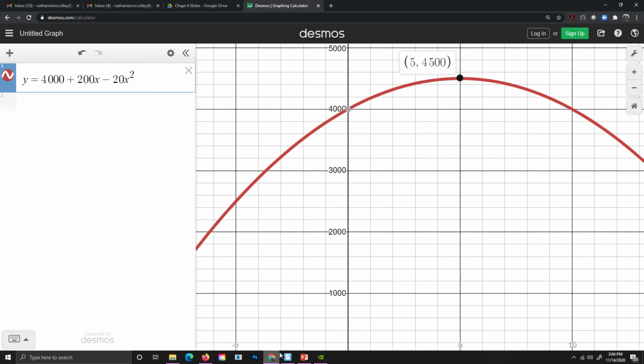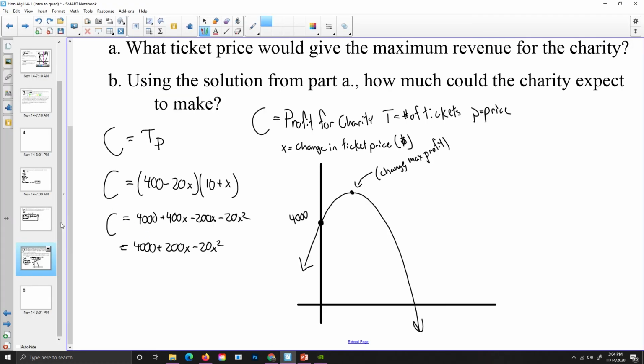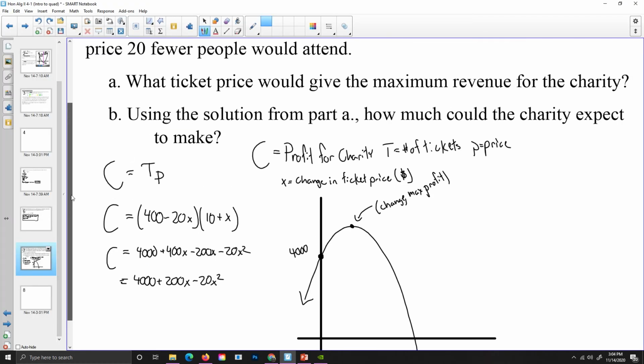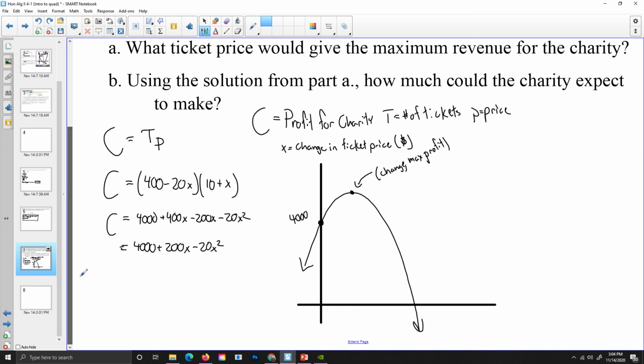So here's what we're going to do. Let's take a look at this. What ticket price would give the maximum revenue for charity? $15 will give the maximum profit.